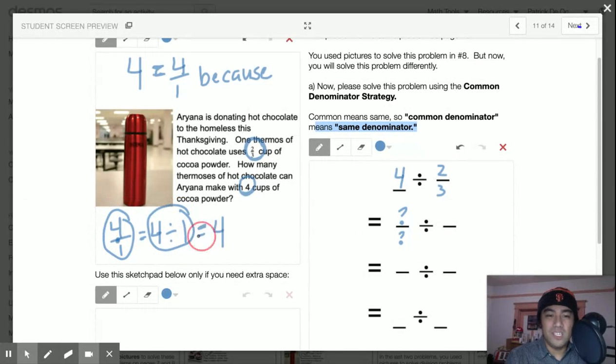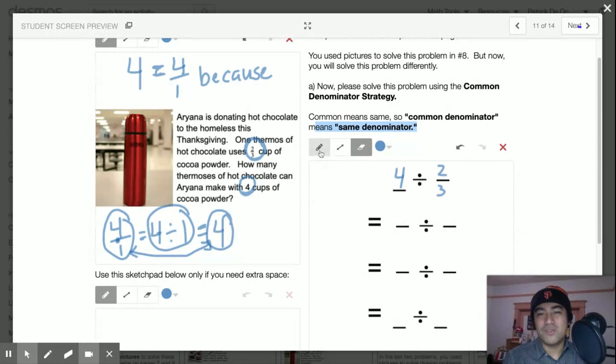What was the point? We're saying that 4/1 is the same as 4. 4 is the same thing as 4/1. So really, I just changed this to this because they're equal.